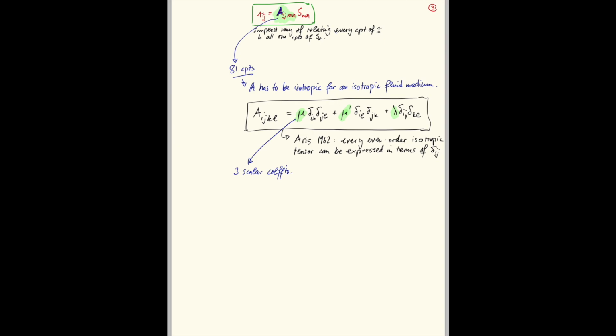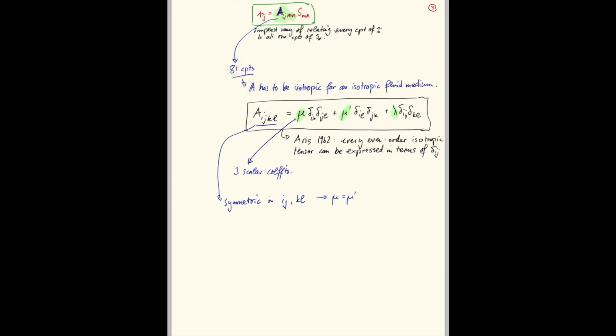And since Aijkl, in our case, actually has to be symmetric in ij and kl, we then realize that mu and mu dash have to be the same.